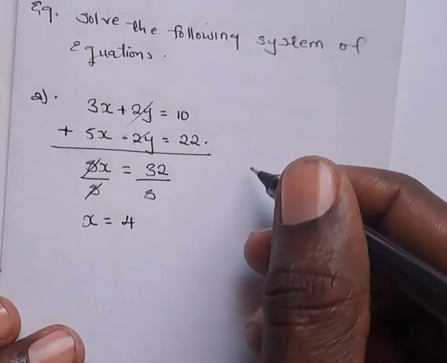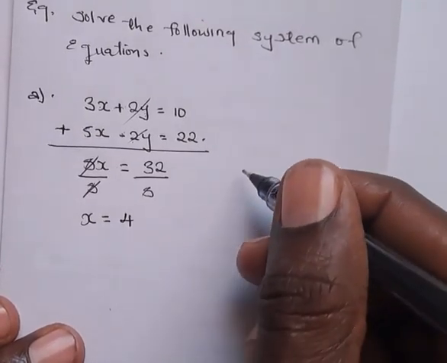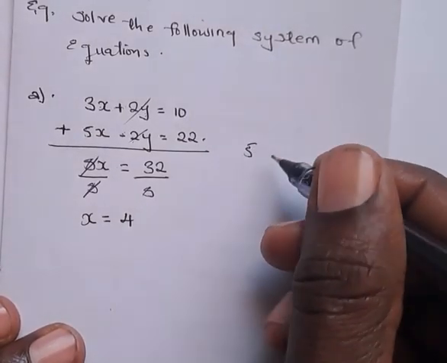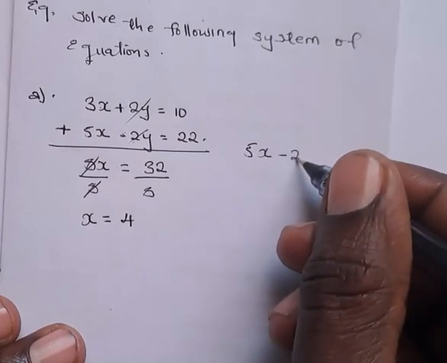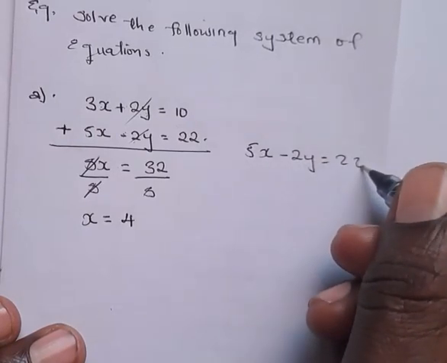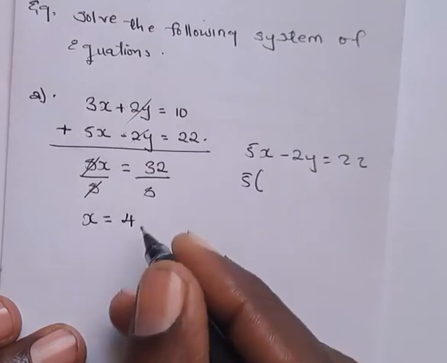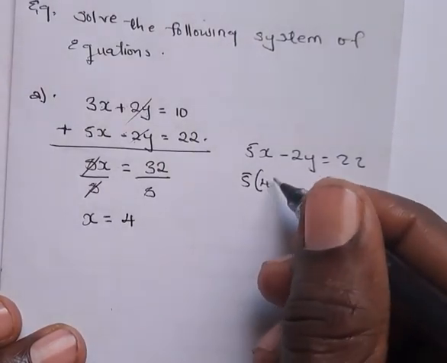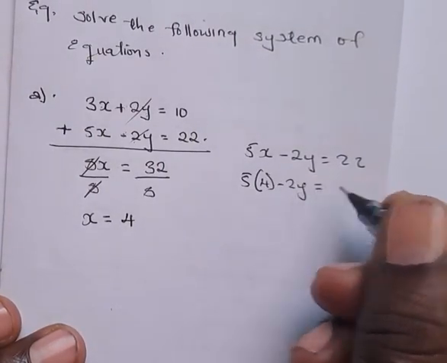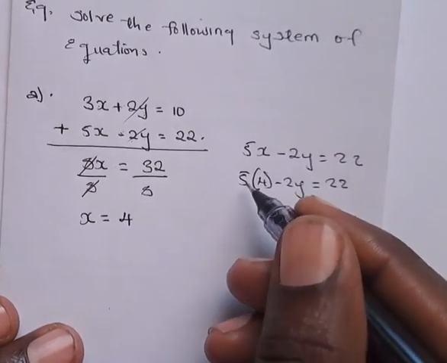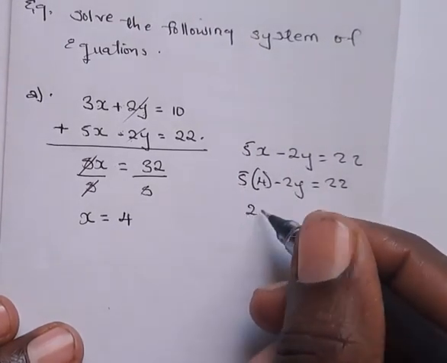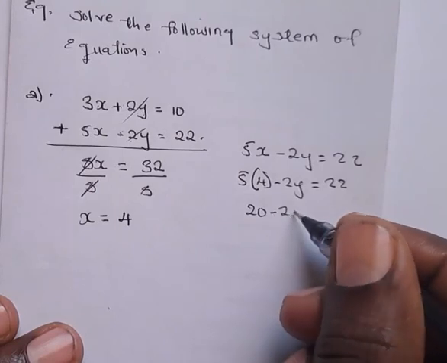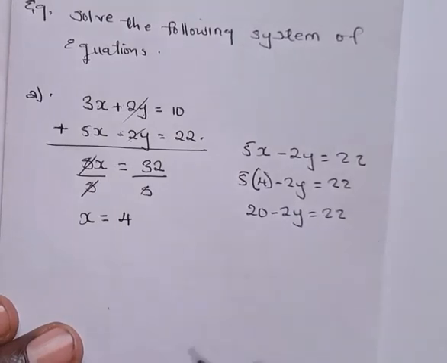So let us rewrite it here: 5x minus 2y is equal to 22. Where there's x, we put 4, so 5 times 4 minus 2y is equal to 22. So 5 times 4, that is 20, minus 2y is equal to 22.